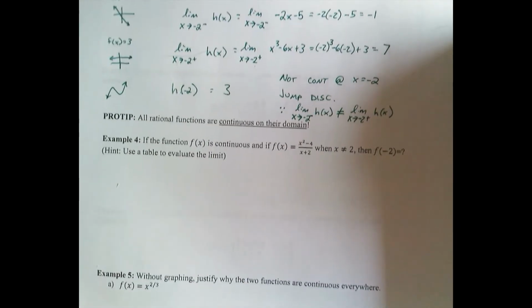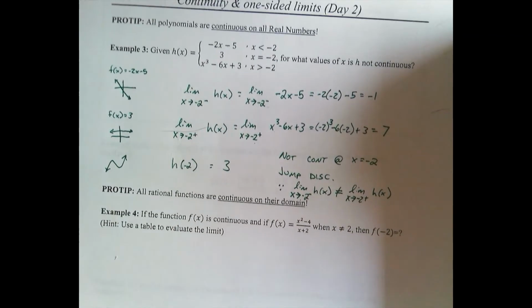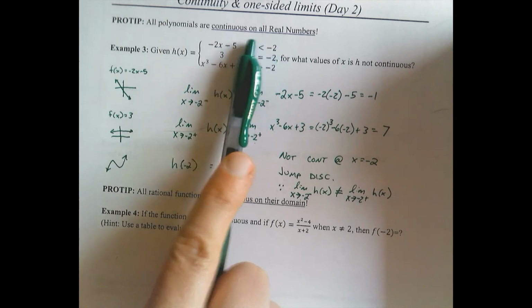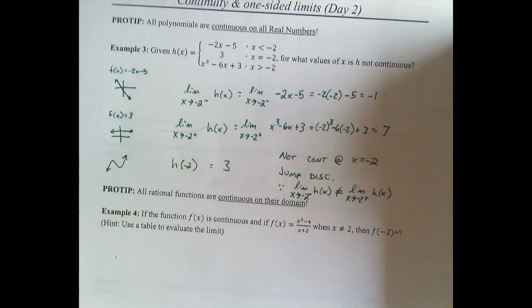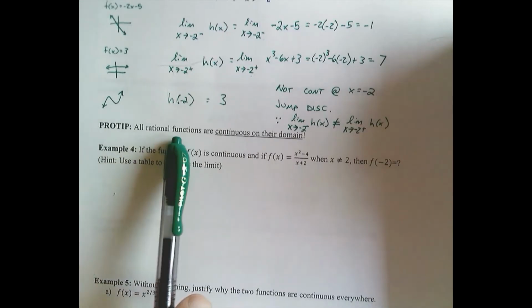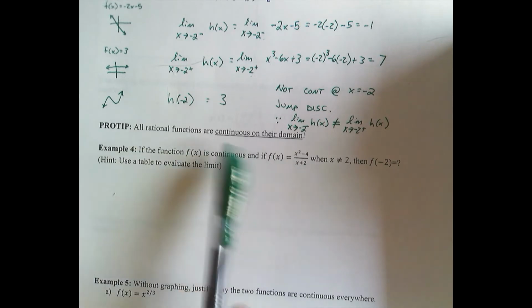Okay, so an important thing to remember is polynomials are great because they're continuous on all real numbers. They're continuous everywhere. A good tip on the next one is that rational functions, the ratio of two polynomials, are continuous on their domain.